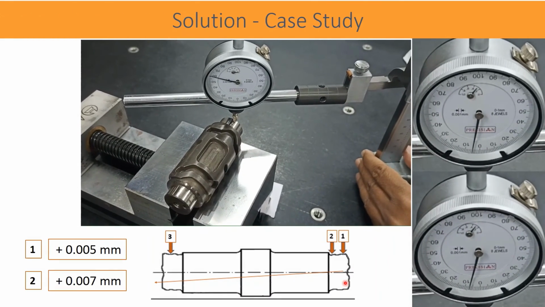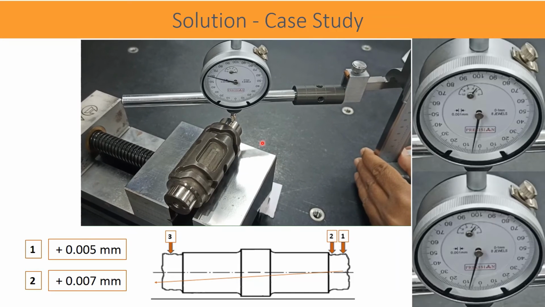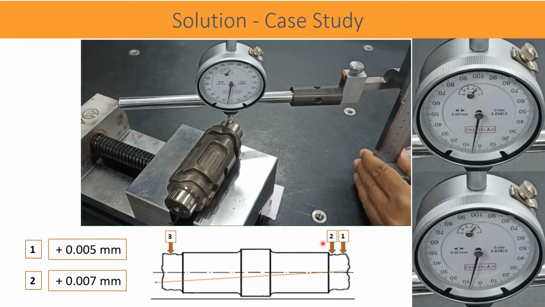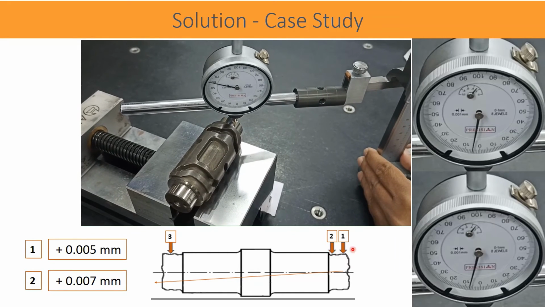With the best effort, the variation of location 1 and 2 is minimized by truing the component or physically aligning it.